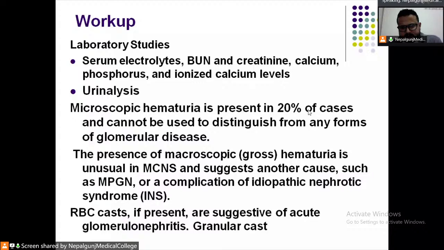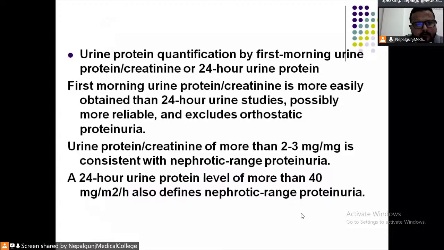Macroscopic hematuria is present in 20% of cases and cannot be used to distinguish among forms of glomerular disease. Gross hematuria is unusual in minimal change nephrotic syndrome and suggests another cause such as MPGN or a complication of idiopathic nephrotic syndrome. RBC casts, if present, are suggestive of acute glomerulonephritis.